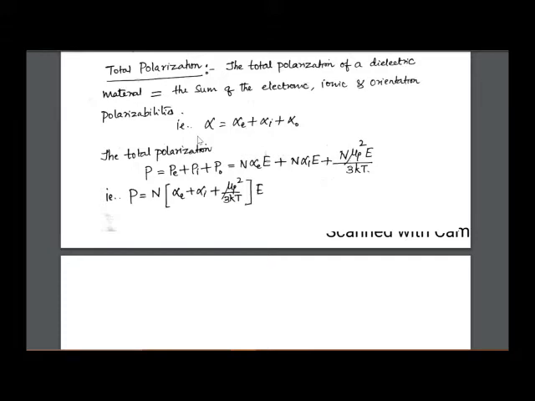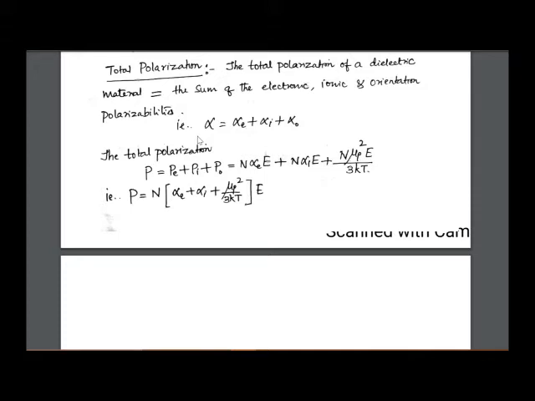It is equal to, substituting for each part, N alpha E E is PE, N alpha I E for PI, plus PO is N mu squared E divided by 3kT.